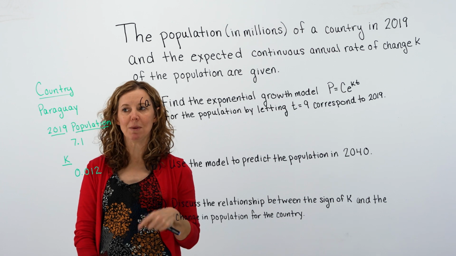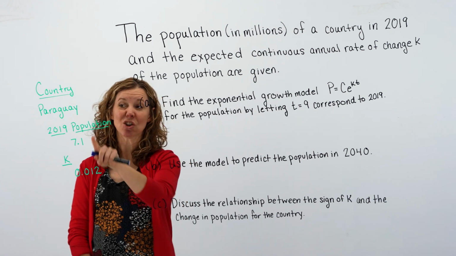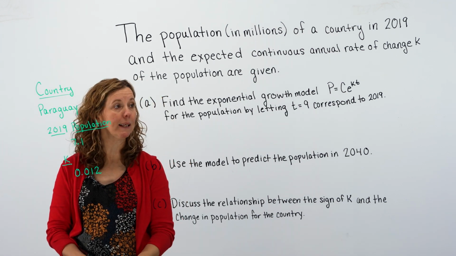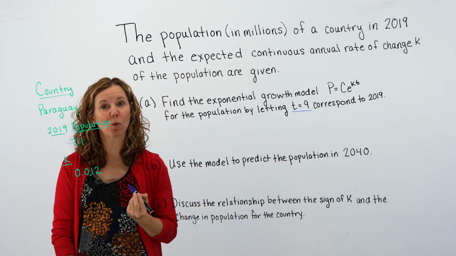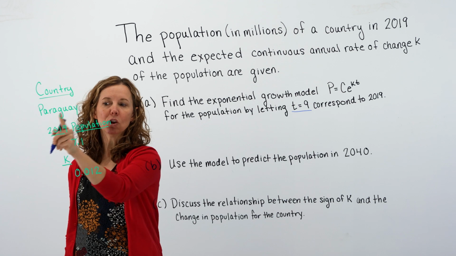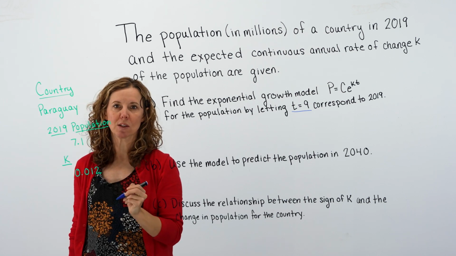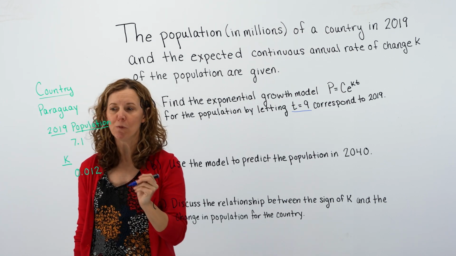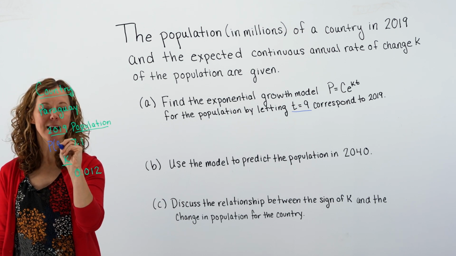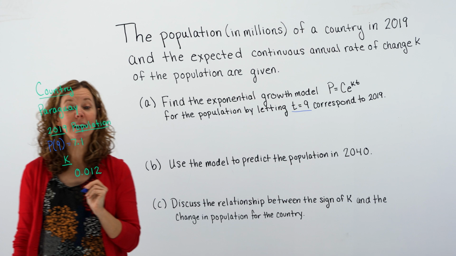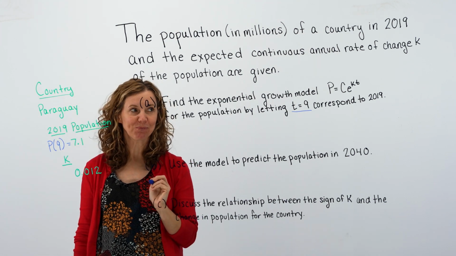Well, the first thing to make sure that we recognize is that this 2019 population corresponds, as we were told, to when t equals 9. And so we can express this as the population at t equals 9 equals 7.1.